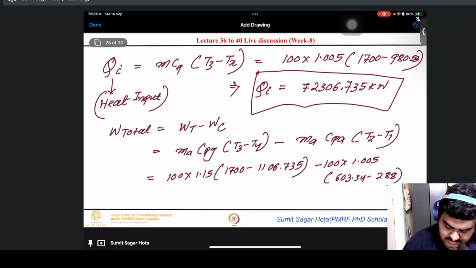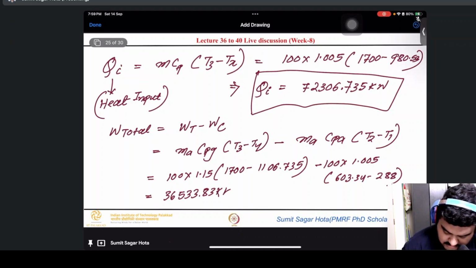That is 36533.83 kilowatt, equal to 36.534 megawatt. This is your W total.